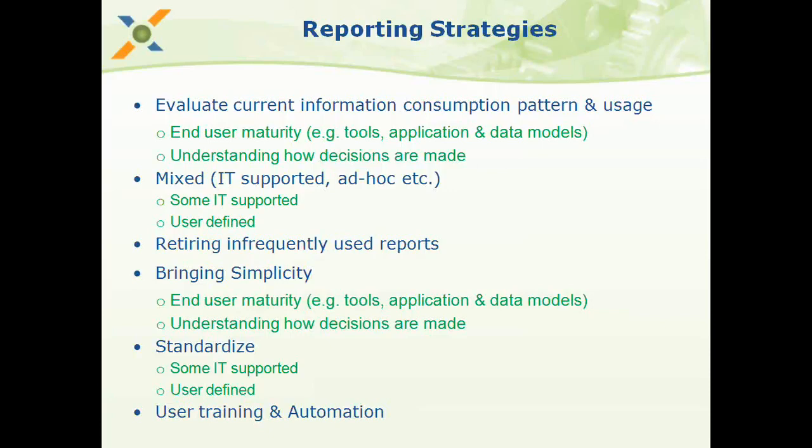They will give you a few things as discussed, but there needs to be a strategy to figure out whether we are using information to make decisions, or it's just based on pure judgment, or whatever is in the system, that's all we follow and we don't review it. Based on your consumption pattern, one can look at the technology, the data models, the sophistication of information, how it needs to be presented, and how end users are using that information.